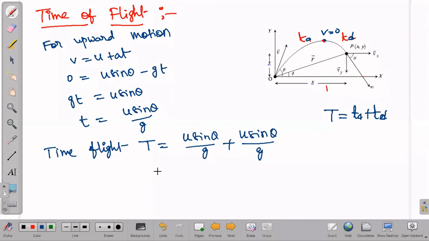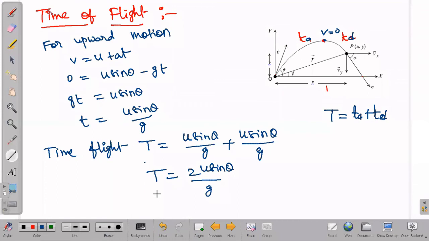So now we get 2u sine theta by g as our time of flight. That is how much time the projectile is in air. It depends on the angle of projection, the initial velocity and acceleration due to gravity, which is fixed at one particular place. So this is about our time of flight.